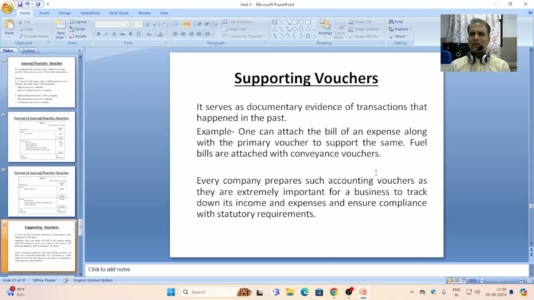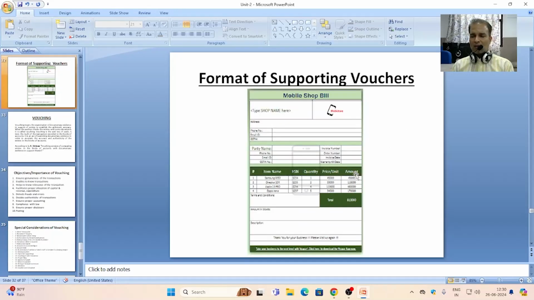Supporting voucher is actually the supporting document which provides evidence to the main voucher. Supporting vouchers are in the form of bills, invoices, etc. This is a common format of supporting vouchers.